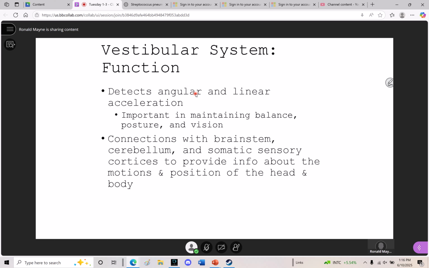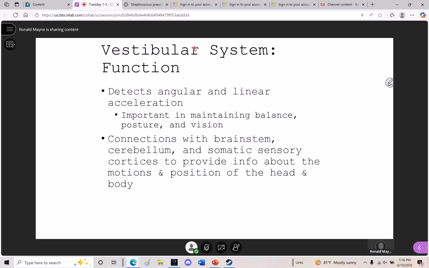So this is going to respond to forward, backward movement, up, down movement, side to side movement. See how fast I do that side to side movement. Fast. Right, so that's linear acceleration, and that is static or passive equilibrium.